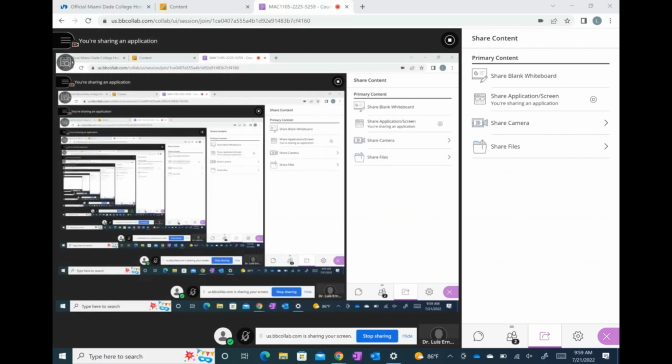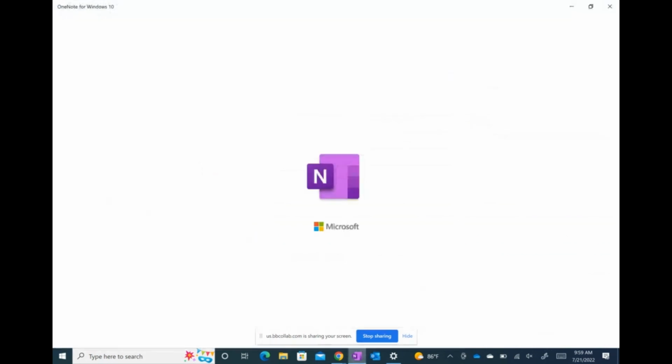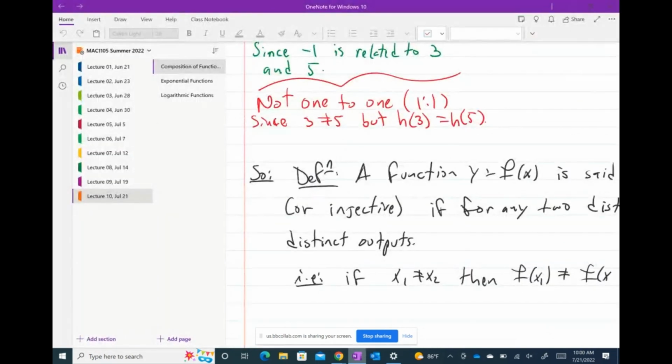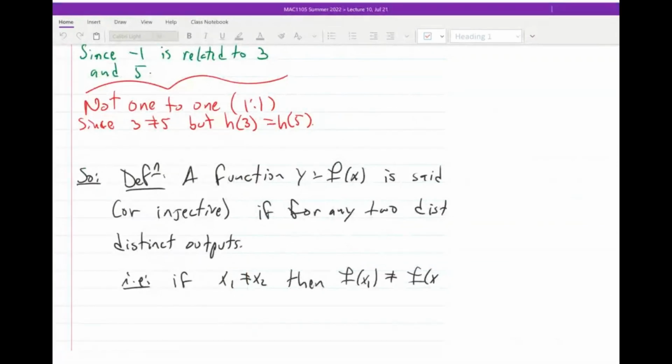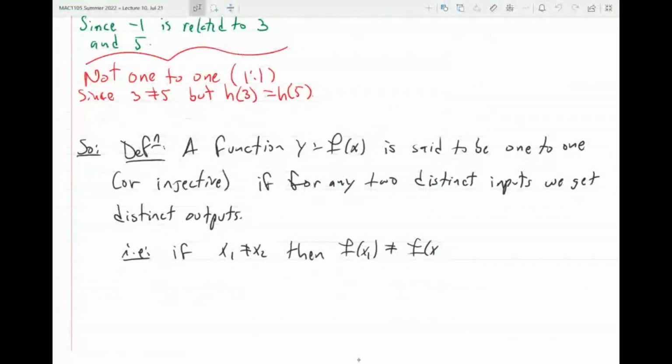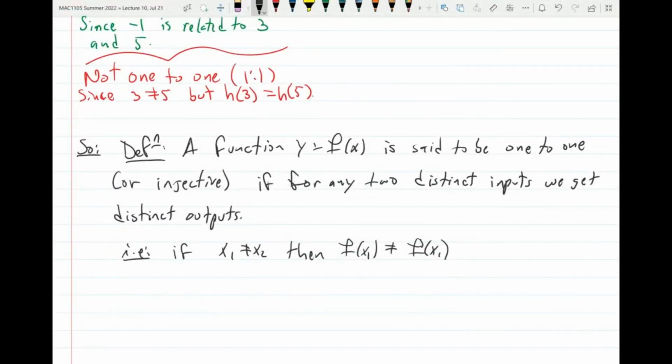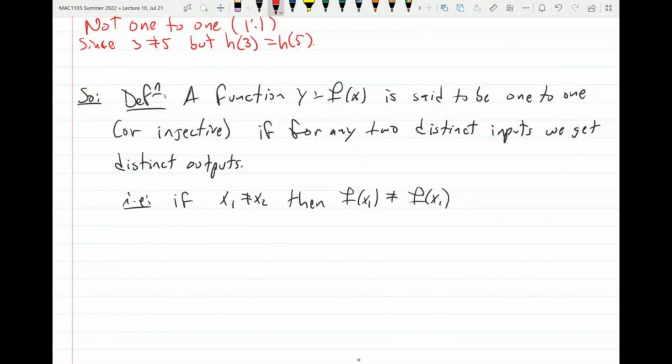Let me show you how you can figure out whether a function is one-to-one or not by using this definition. And I would say here, equivalently, because this will be useful later, one-to-one means that if f of x1 equals f of x2, then this can happen only if x1 is actually the same as x2.